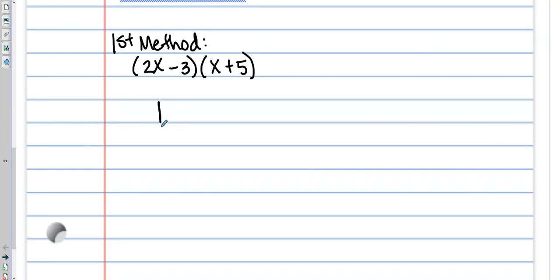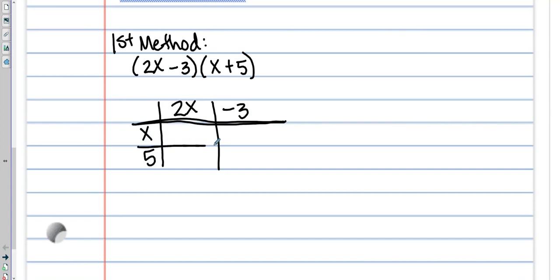So I'm going to draw this table here. And I'm going to write this binomial at the top, 2x and then minus 3. And then this binomial, I'm going to write it here on the side, x plus 5.